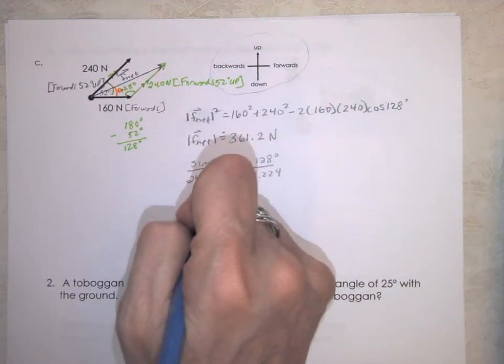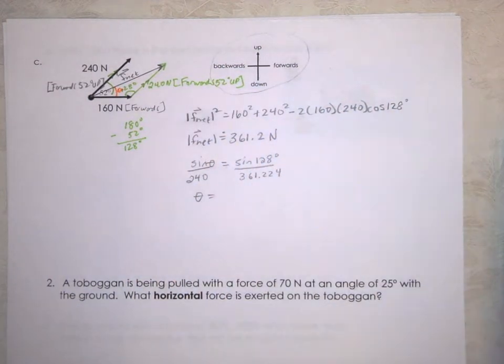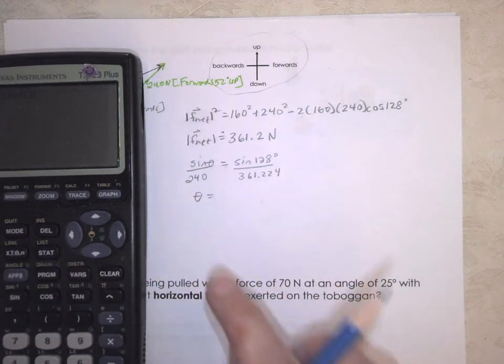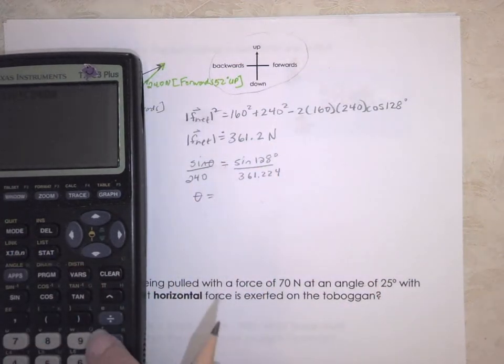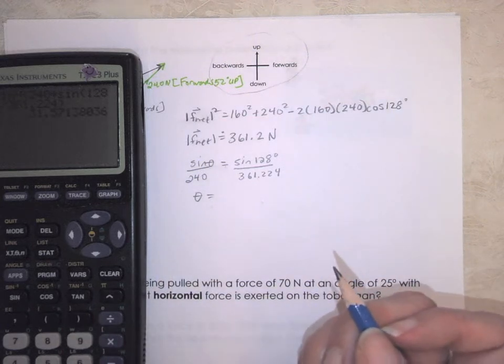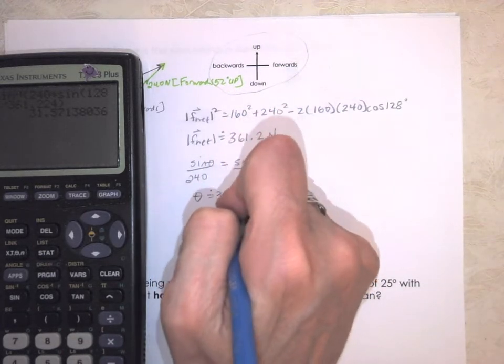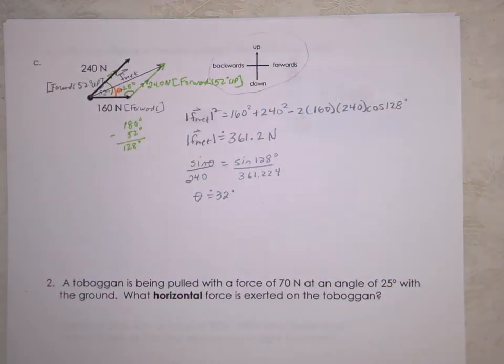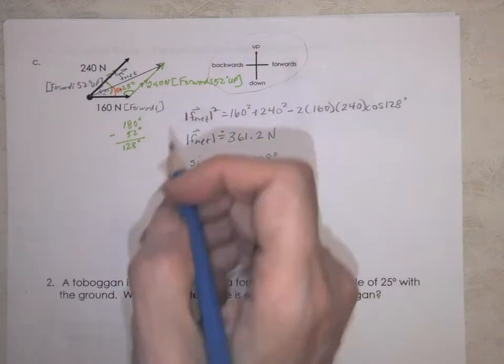And again, theta will be the sine inverse of 240 times the sine of 128 divided by 361.224, or approximately 32 degrees. Is that 31.57? And then we'll do our therefore statement.